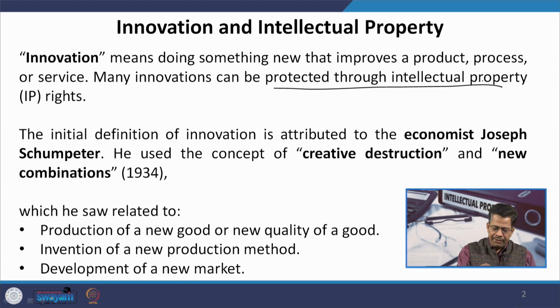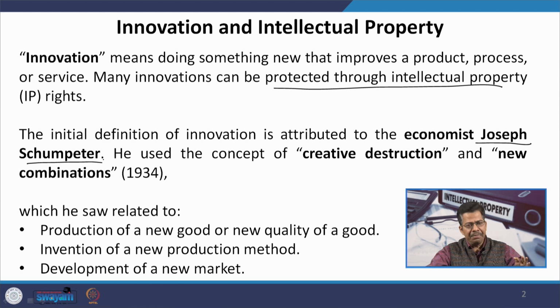Now, one very popular economist, Joseph Schumpeter, is considered to be the father of theories of innovation. I will not say father of innovation because since time immemorial, innovations have been there. Development of fire, development of the wheel, all these are such important innovations without which it is impossible to imagine the life which we are enjoying.